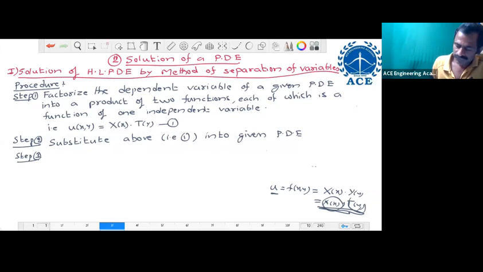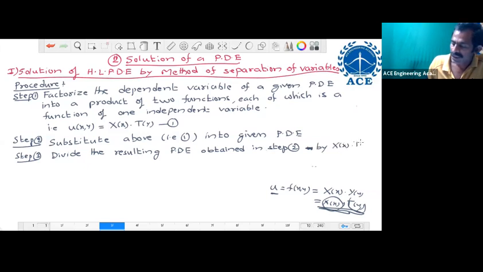Step number 3: Divide the resulting partial differential equation obtained in step number 2, that is, in the previous step, by X of x into T of y. This is the third step.